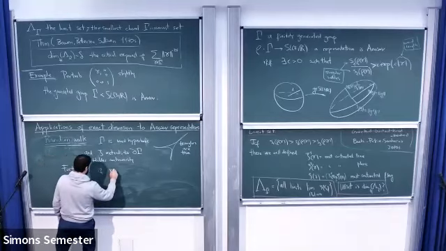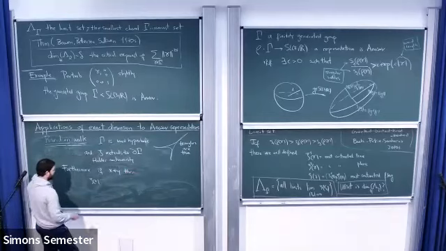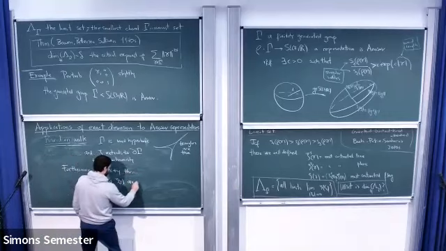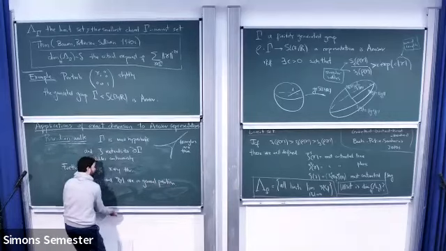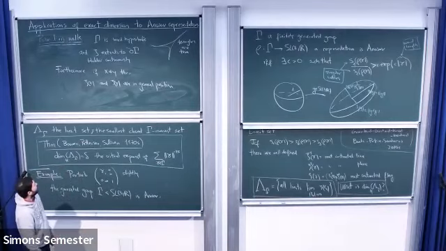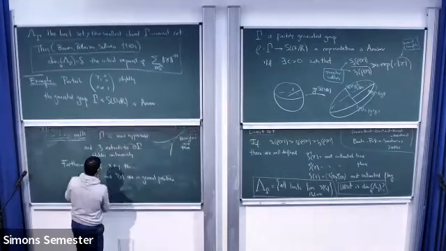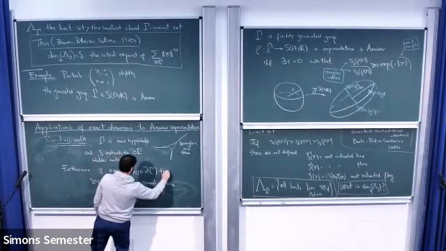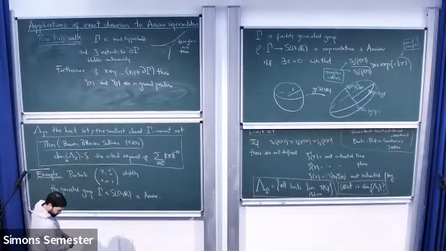If X and Y are different, then the flag associated to X and the flag associated to Y are in general position. X and Y are in the boundary.